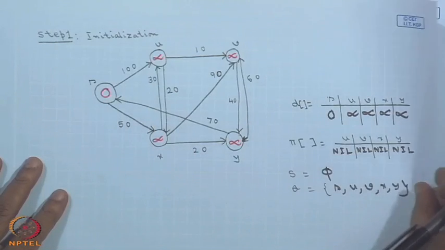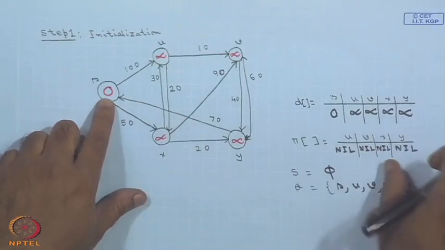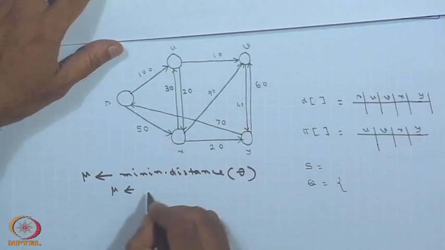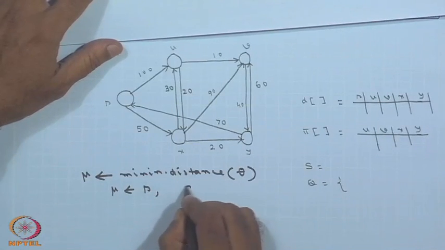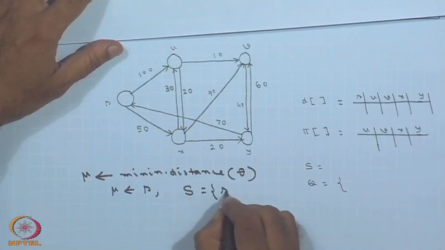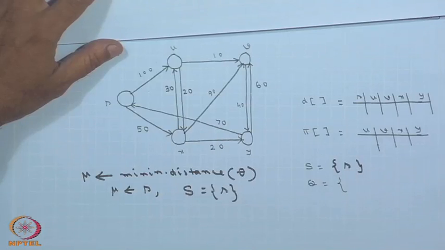Therefore your mu is S, and your capital S basically now will become S.